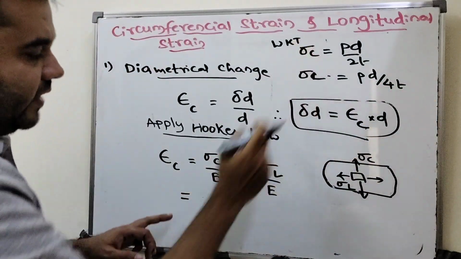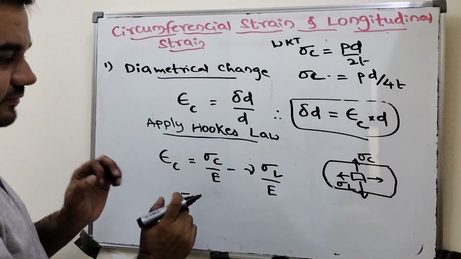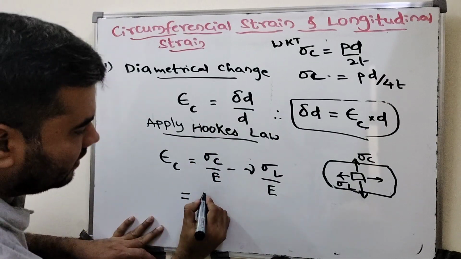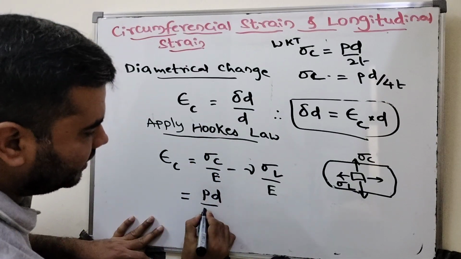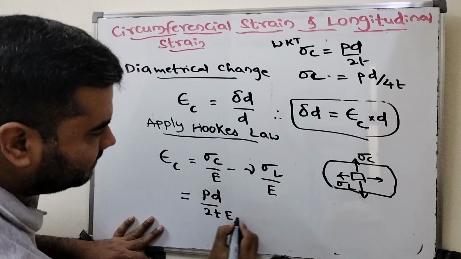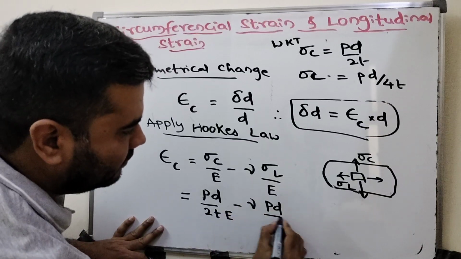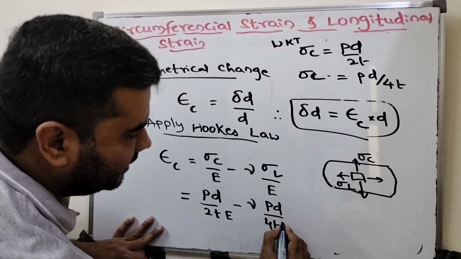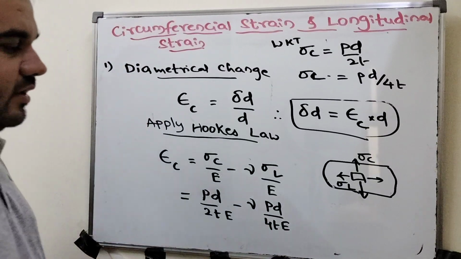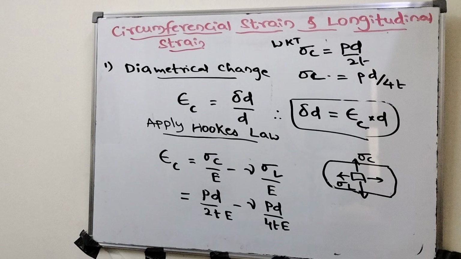Now substitute these two values in this equation: PD by 2t into E minus nu into PD by 4t into E, right? Now again simplify.